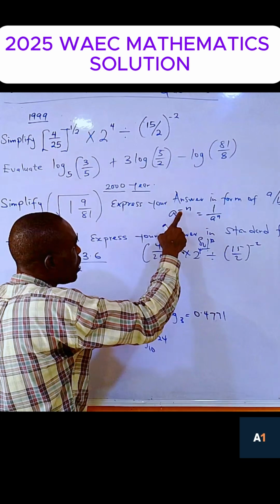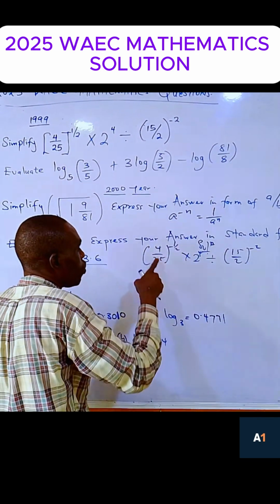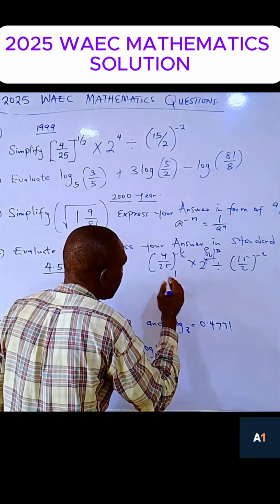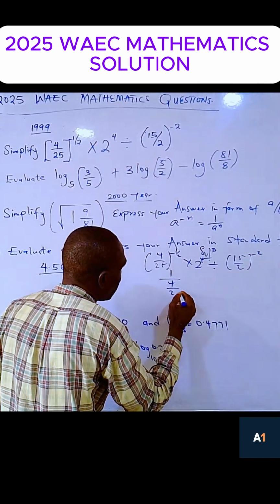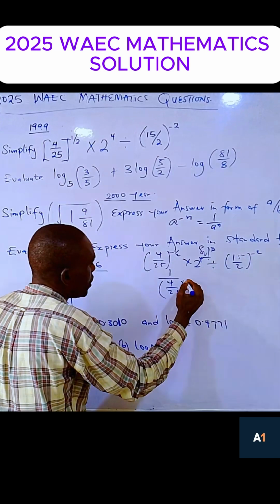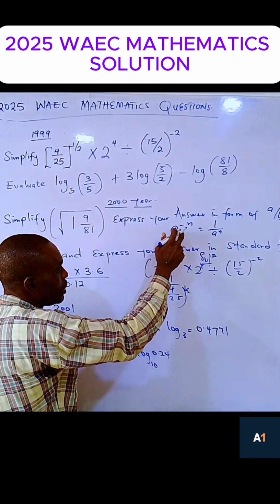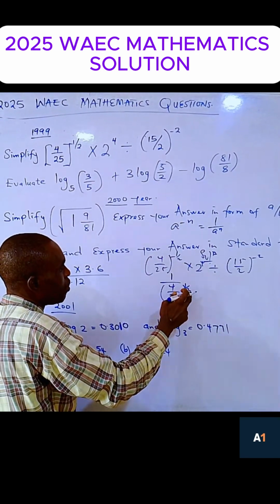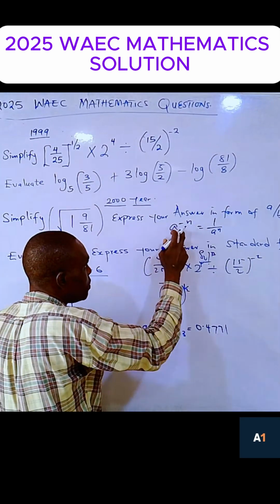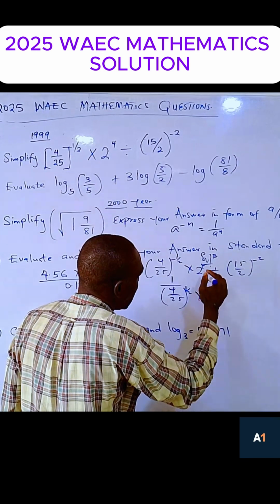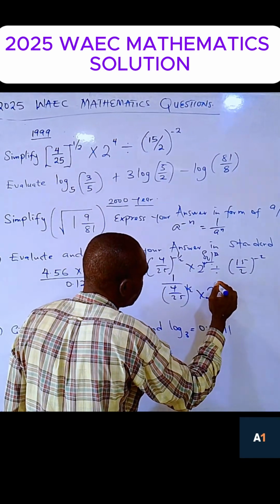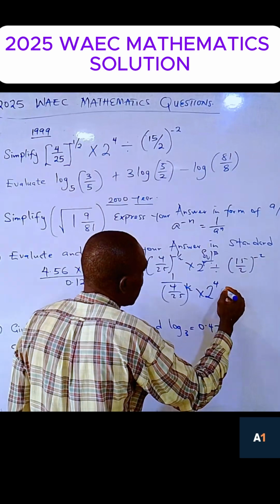To remove this negative, you put 1 over it. So we have 1 over (4/25) to the half, which means this one is the inverse.